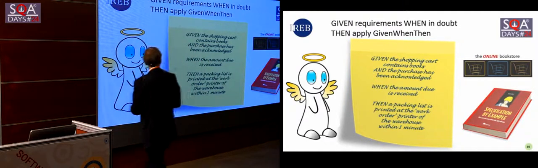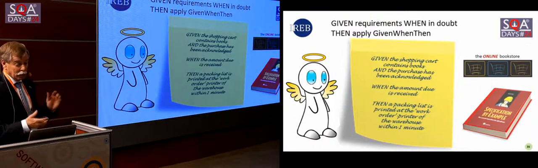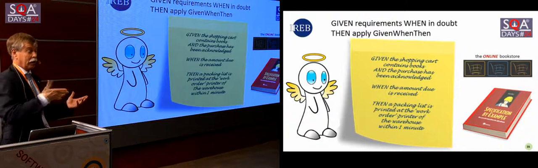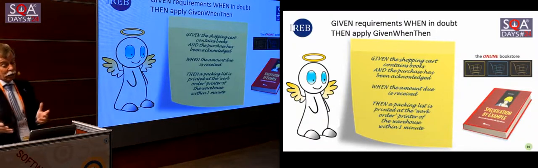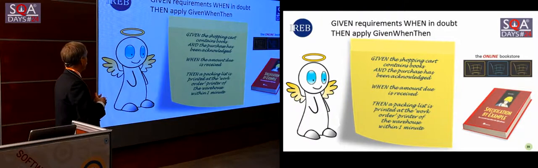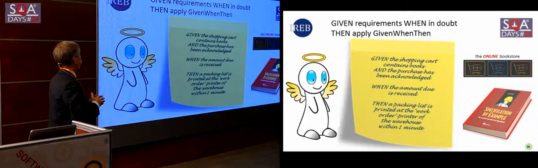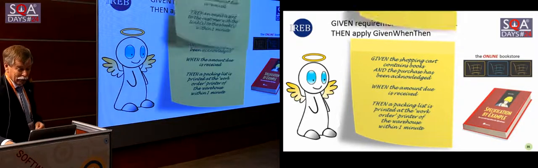So for instance, here we have some given, when, thens. Given the shopping cart contains books and the purchase itself has been acknowledged, when the amount due is received, the money is in, then a packing list is printed at the work order printer of the warehouse within 1 minute. Might be a better formulation of the requirement.